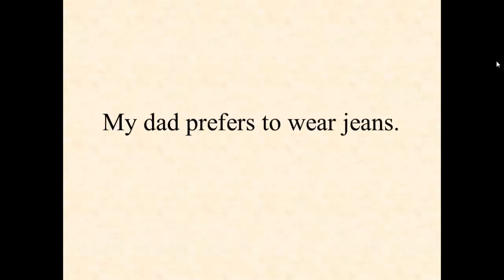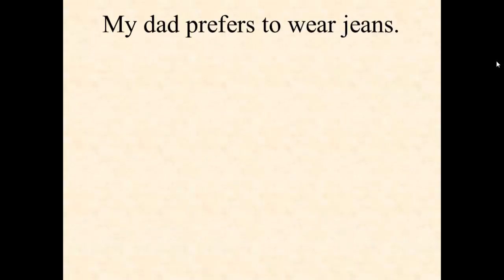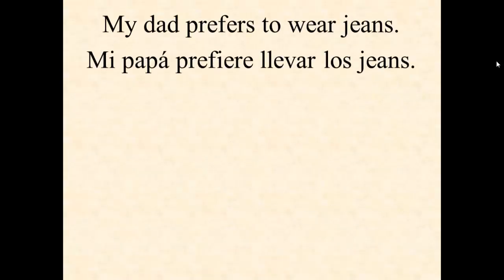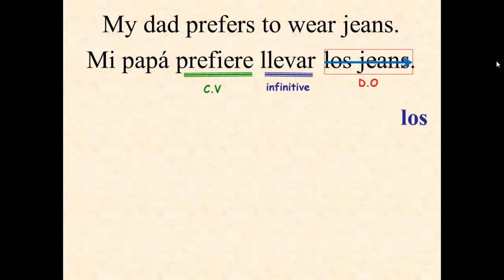Alright, let's do another example. My dad prefers to wear jeans. Mi papá prefiere llevar los jeans. So prefiere would be my conjugated verb. Llevar would be my infinitive. And los jeans would be my direct object. Now we learned that los jeans, to say my dad prefers to wear them, can be replaced by los.